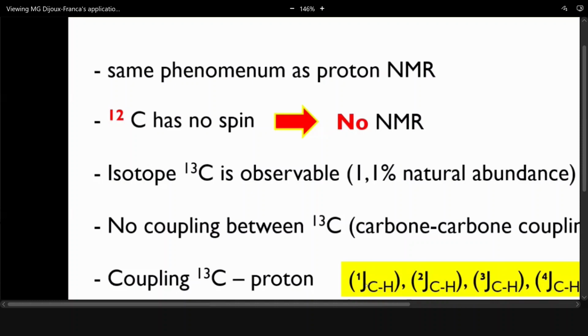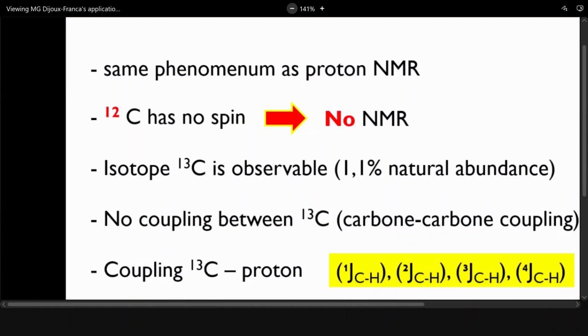And the value of the coupling constant will depend on the distance that separates the carbon and the proton. So we will be able to measure J1, J2, J3, J4. And the farther the proton is, the lower the influence or the coupling interaction with the carbon. So the J will decrease.